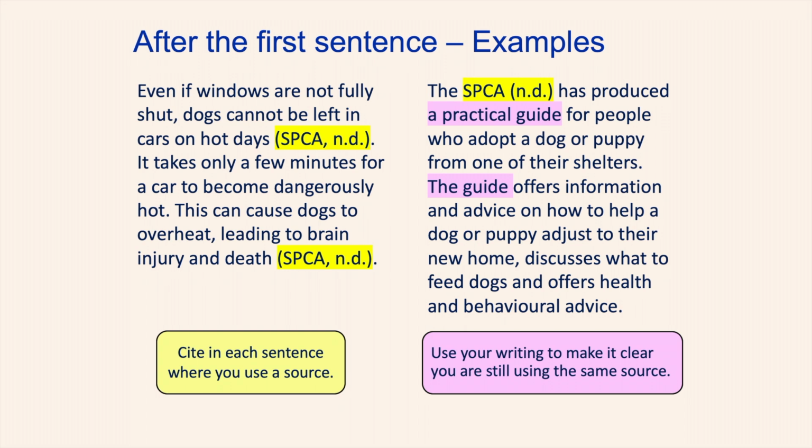Then in the second sentence, they refer back to the guide, and it's clear that they're talking about the same source. Therefore, they don't need to recite the SPCA. If you use your writing to show that you're still using the same source, you don't need to cite again. Either method of citing is acceptable in APA. Remember, a reference list entry is also needed.